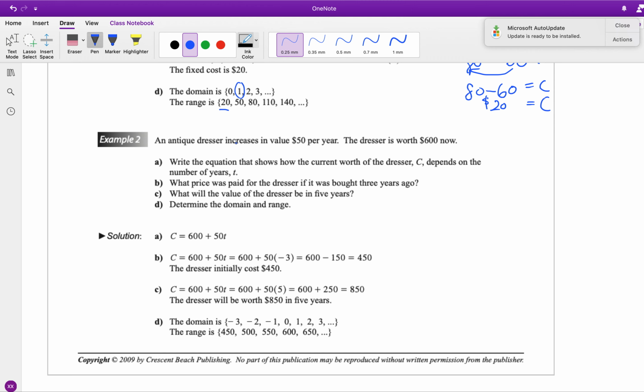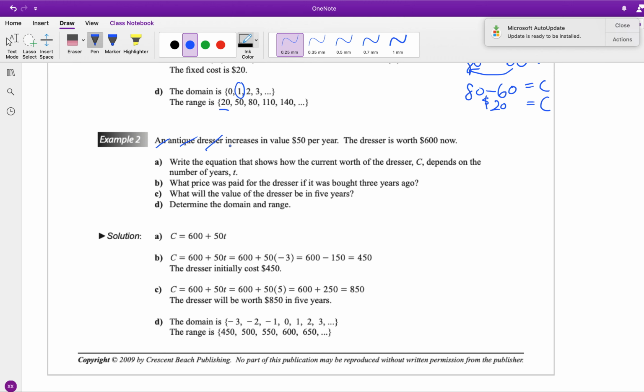An antique dresser increases in value. So you see these kinds of wording, just ignore them, because if your head is full of all these words, then the important information cannot even get in. So forget about antique dresser or used car, it doesn't matter.